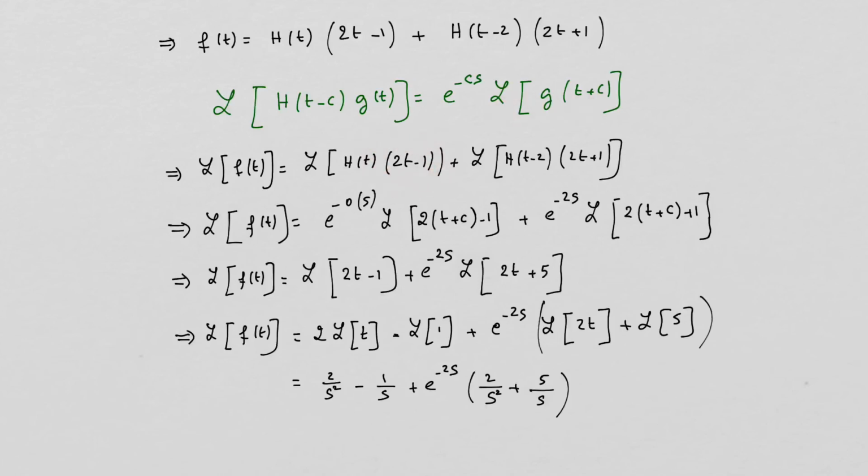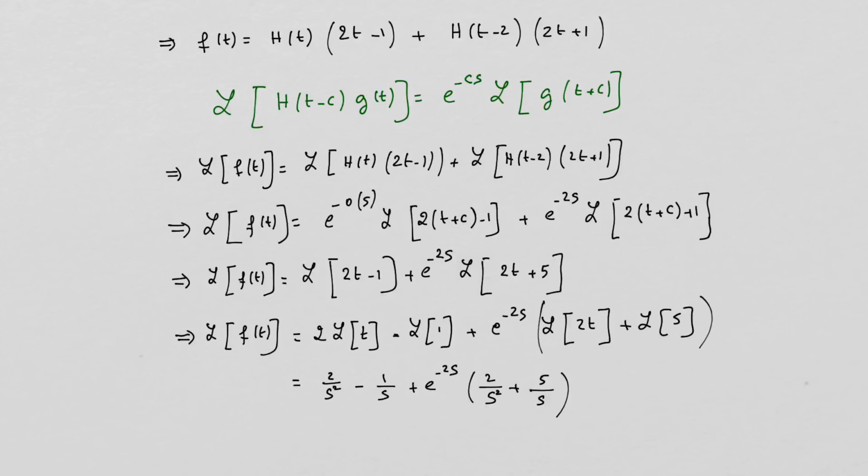Now, this is g of t, right? But the answer is e to the negative cs, which is this, Laplace of g of t plus c. Now, Laplace of g of t plus c happens to be 2 times t plus c minus 1. Every time you see a t, you replace it by t plus c. Okay? And then don't forget your minus 1.